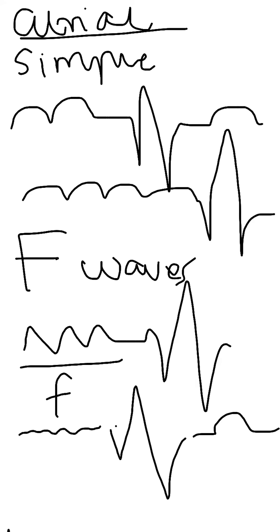So in recording what is happening in the atria, instead of having a good P wave, you have so many of them happening, and they become very undefined. So that is what you're going to see. All right.